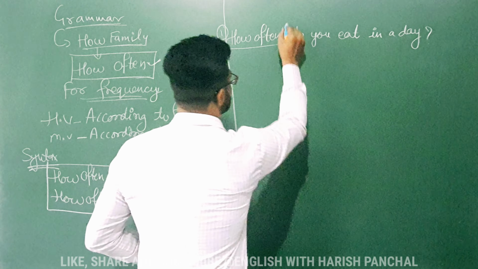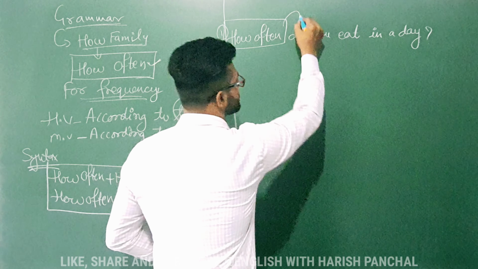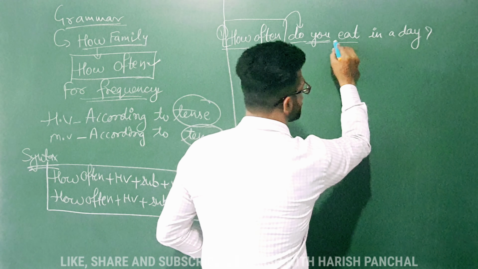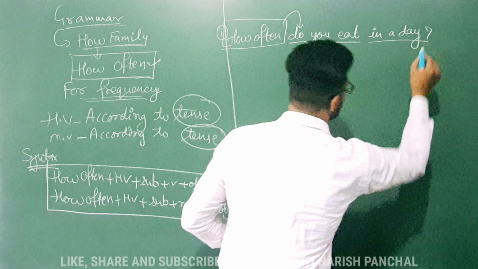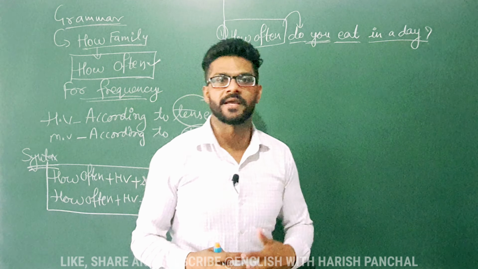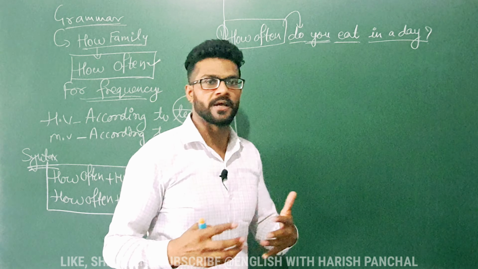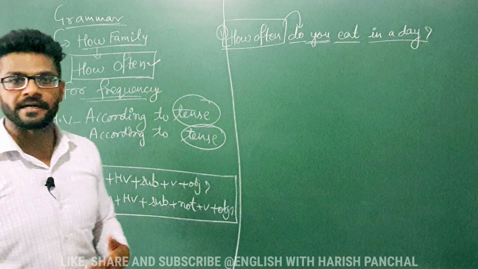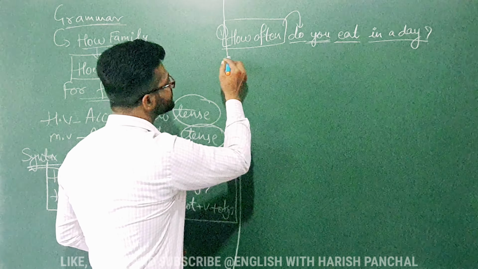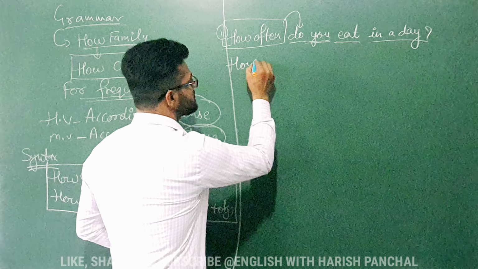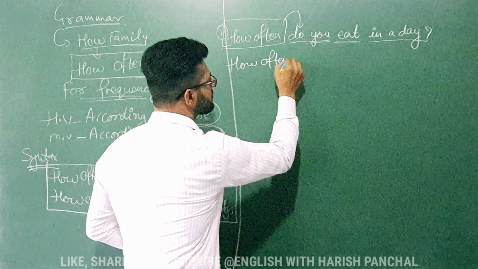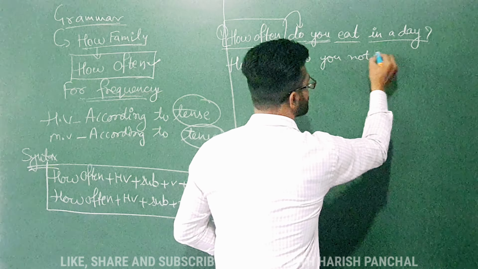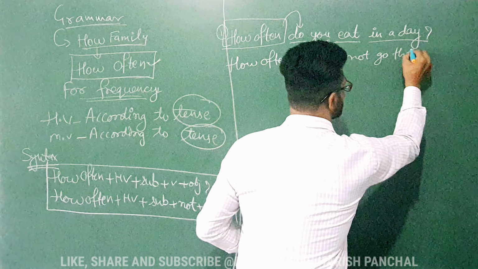How often: in the starting we have used how often. After that we have used our helping verb. Then we have used the subject. Then we have used the verb, and this is our object. If you have to make a negative sentence, you need to follow this syntax. For example, the same sentence: how often do you not go there?